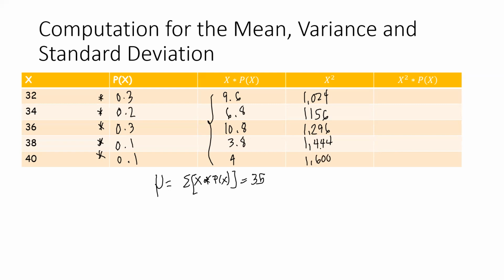So what we're going to do is multiply the x squared with its corresponding probability.